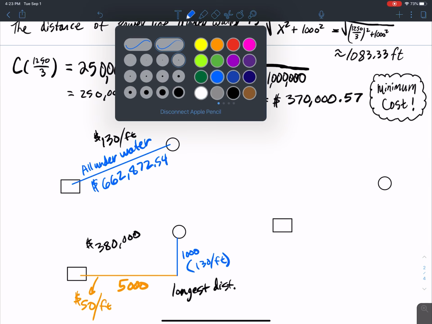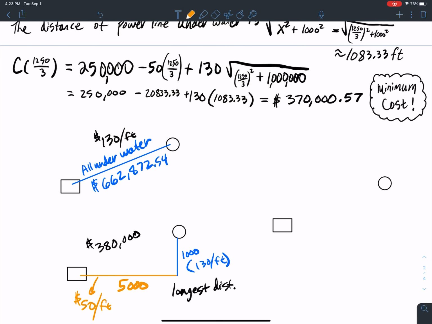Now, the difference in our last scenario was, instead of going all the way over, what we did was we went a distance of 4,583.33 feet, okay?